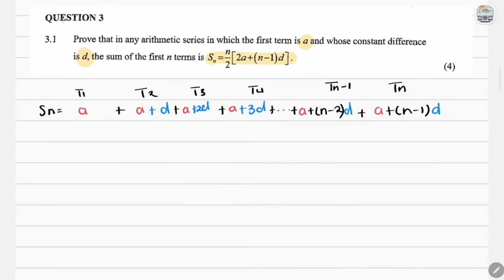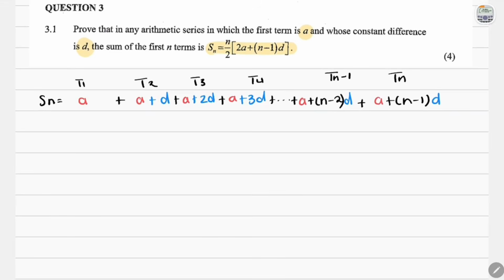Let's see how we would add these up. What we're going to do is, in place of A plus n minus 1 times D, we're going to substitute L, meaning the last term. It is an easier variable to work with than all of this. So here's the thing.